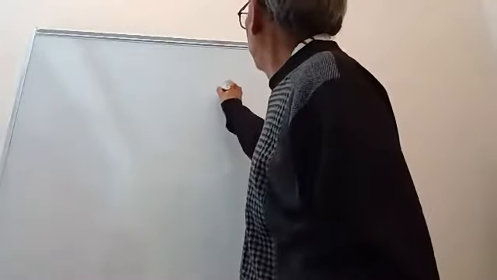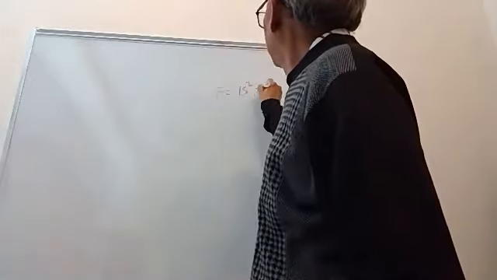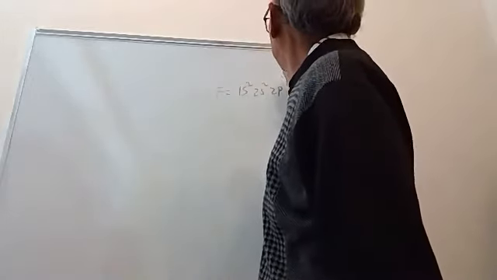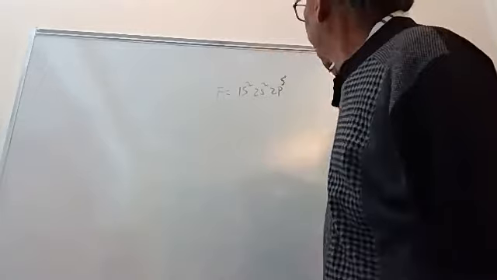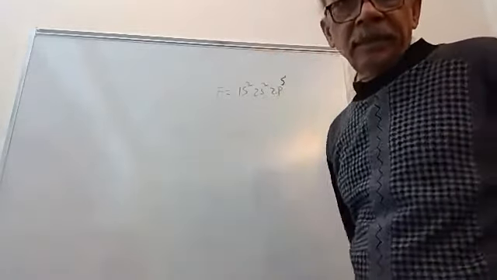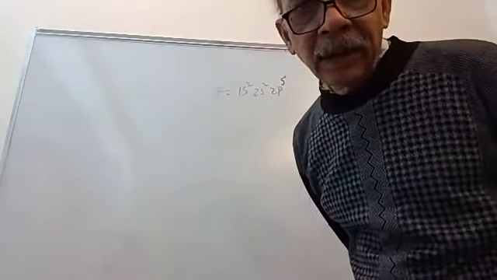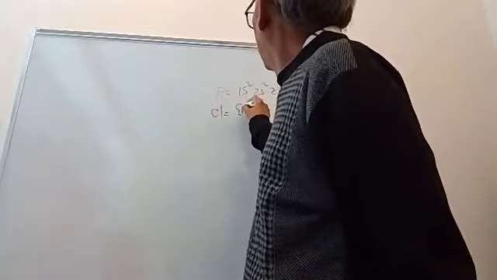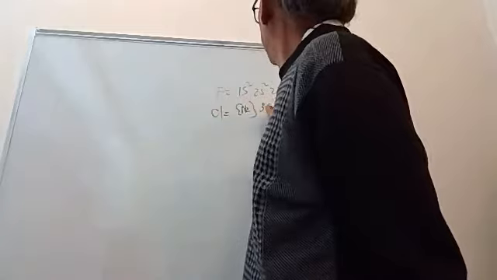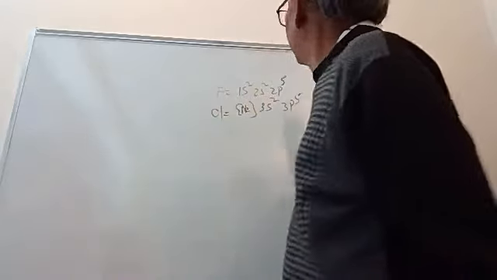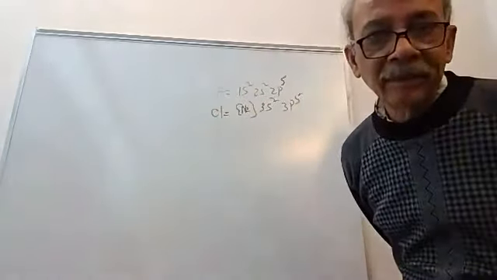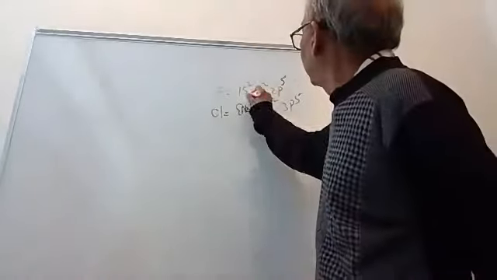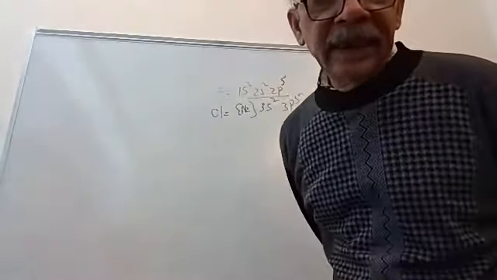If you look at fluorine, it is 1s2, 2s2, 2p5, right? And chlorine is neon 3s2, 3p5. The capacity of the second shell is 8.